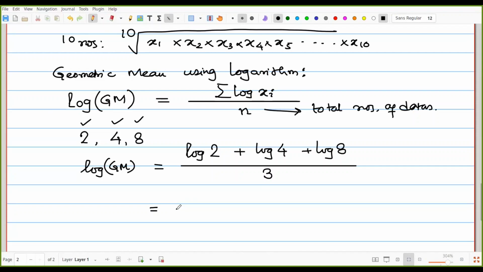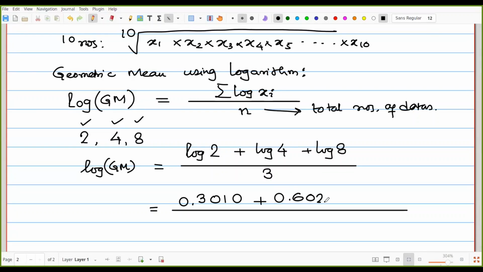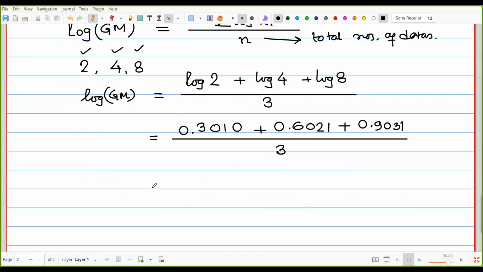Now, using a calculator or any other way, log table, we can find out the value of log 2. That is 0.3010 plus then log of 4, that is 0.6021 plus 0.9031, that is the value of log of 8, divided by 3. So that gives us the total after summation, that is 1.8062 divided by 3.